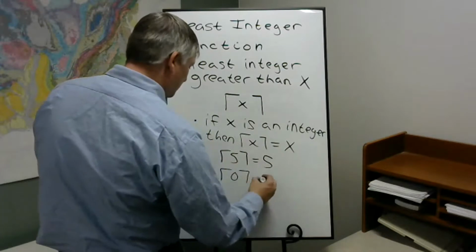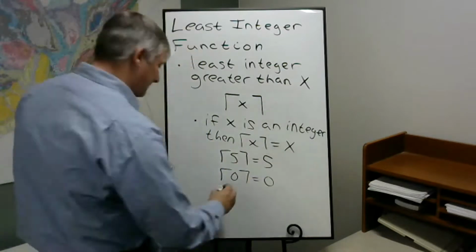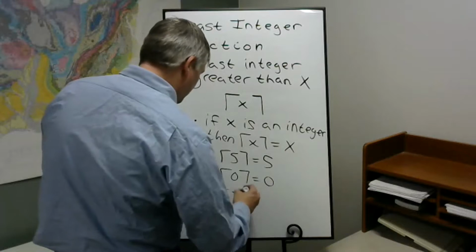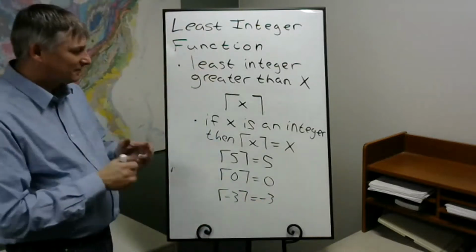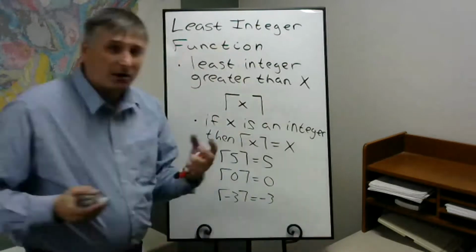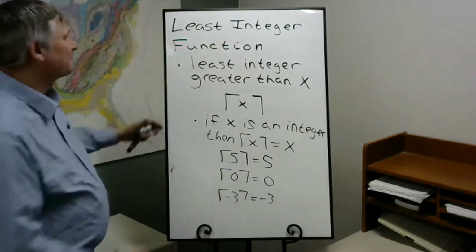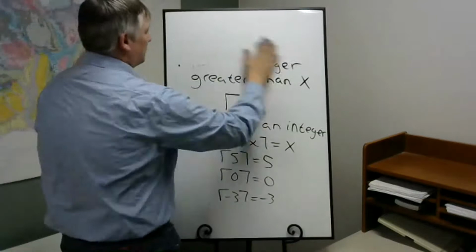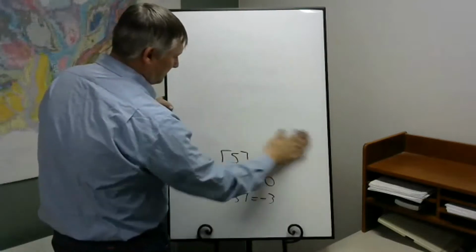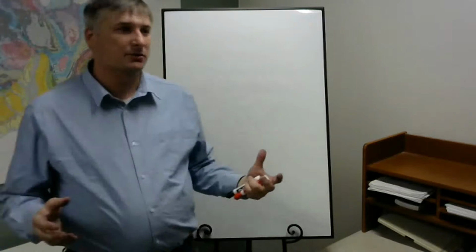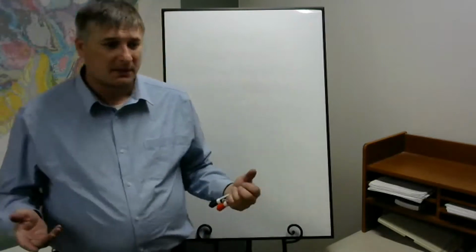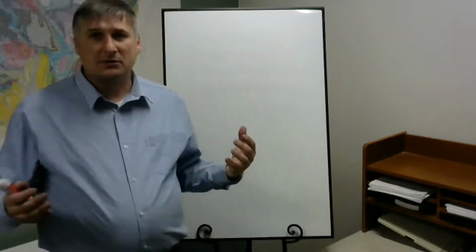Put in 0, you'll get 0. Put in -3, you'll get -3. So numbers that aren't integers, what happens here? Well, what it does is you consider all the integers that are larger than x. And of those integers that are larger than x, you pick the smallest one, or the one closest to x.